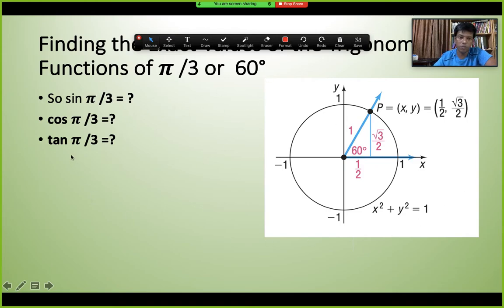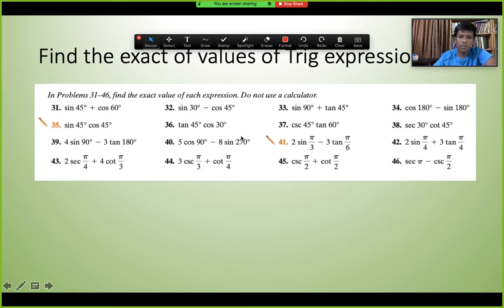Already you now know sine 60, cos 60, and tan 60. This is called a trigonometric expression. So try to find the answer to this question. Let me do one or two maths from here. Suppose question 32, sine 30 degrees.